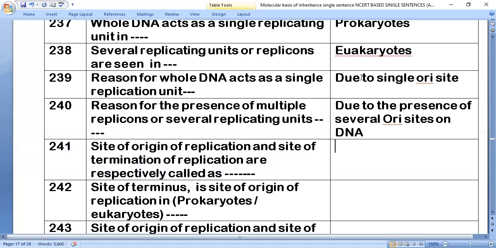The site of origin of replication and the site of termination of replication are respectively called ori and terminus.